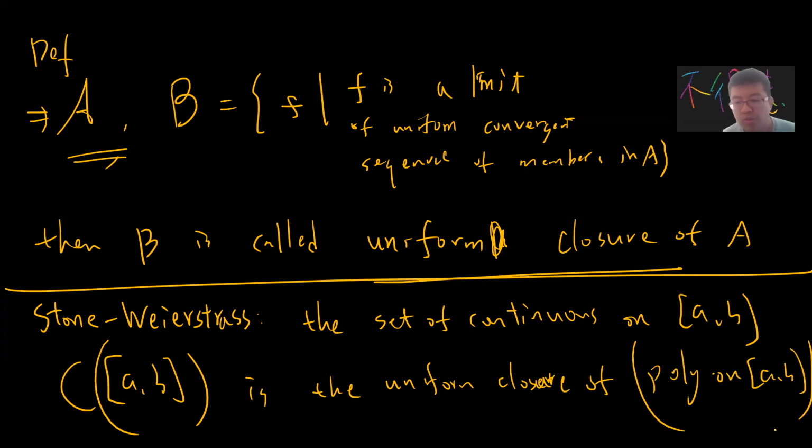This is what we just proved, right? Any continuous function can be viewed as having a polynomial arbitrarily close to it. So basically, it is just the same sentence.